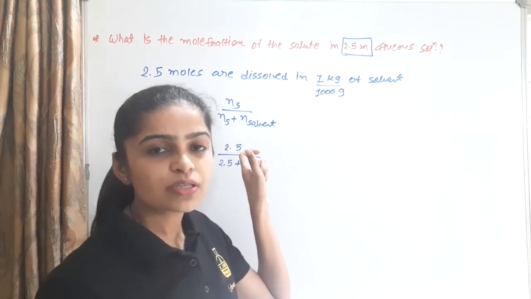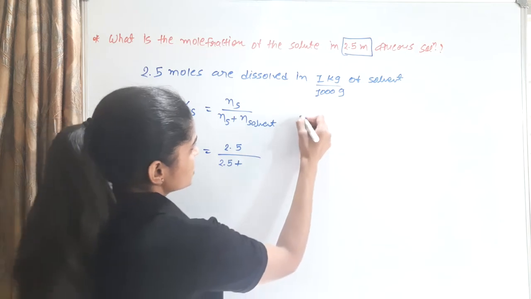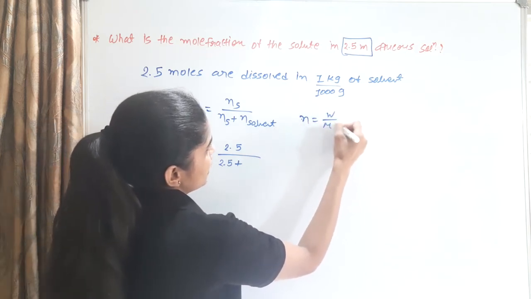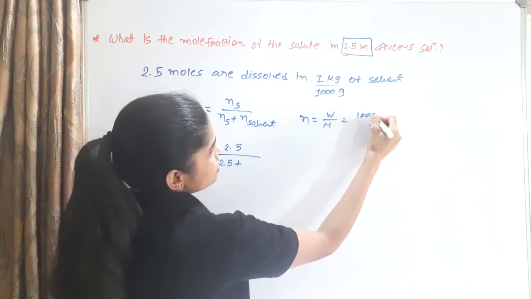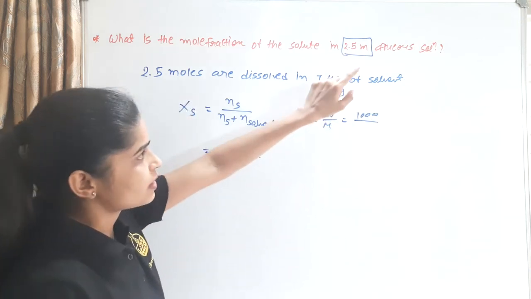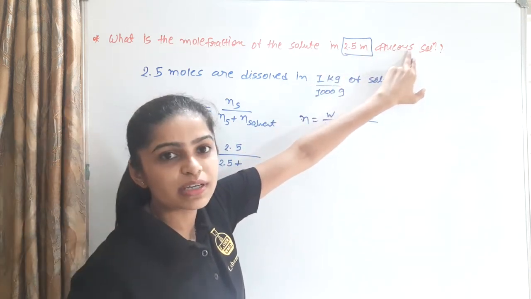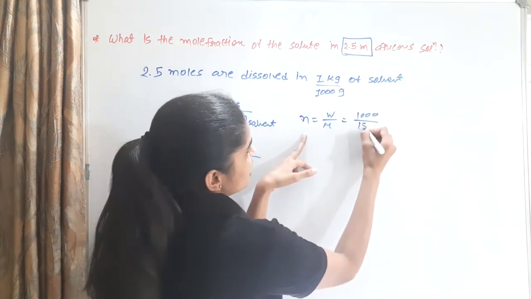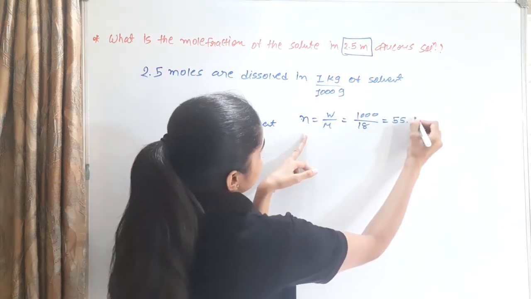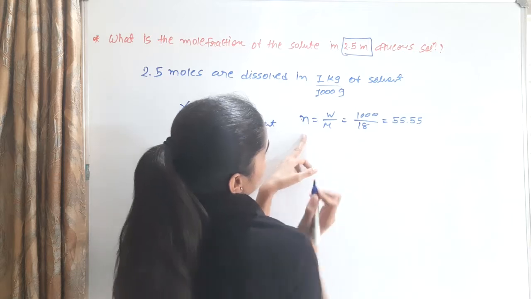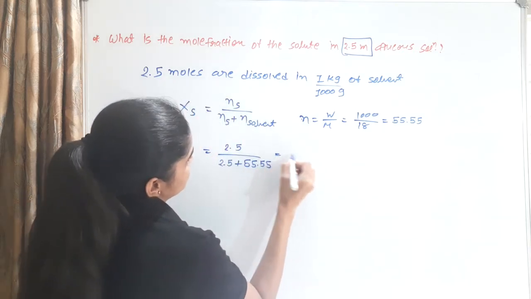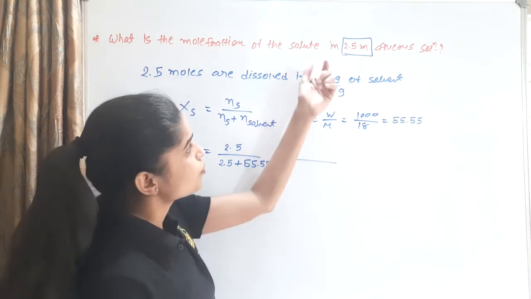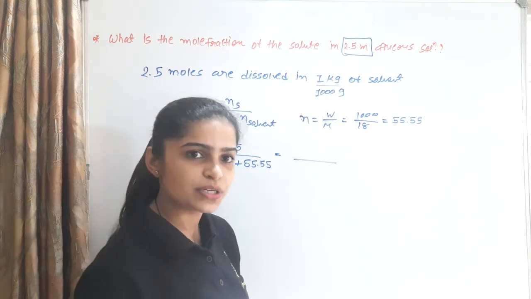Find out the number of moles of the solvent: n is equal to W by M. W, the weight of the solvent, is 1000, and this is water. Aqueous solution means solvent is water. Its molecular mass is 18, so it gives 55.55 moles. This gives the mole fraction of the 2.5 molar aqueous solution.